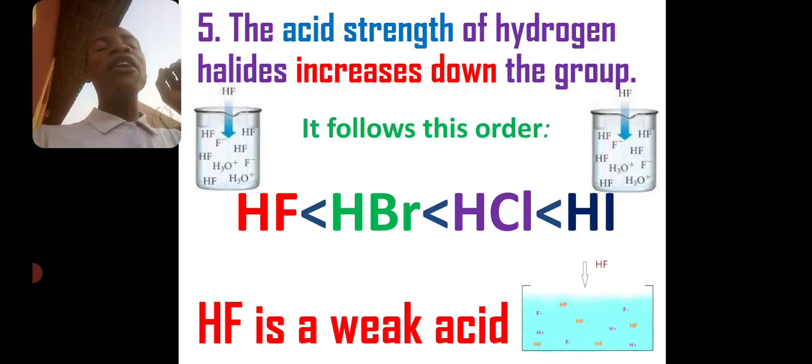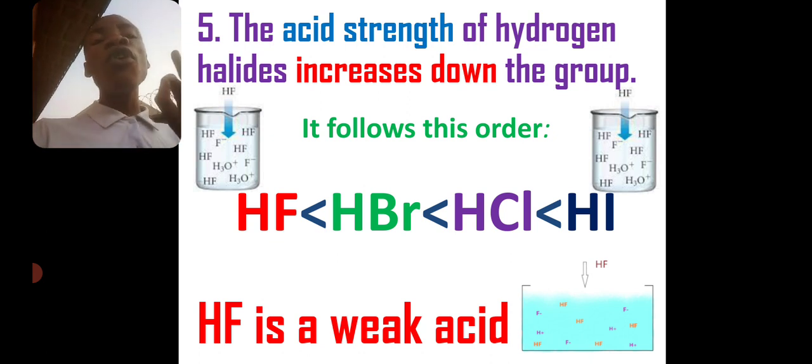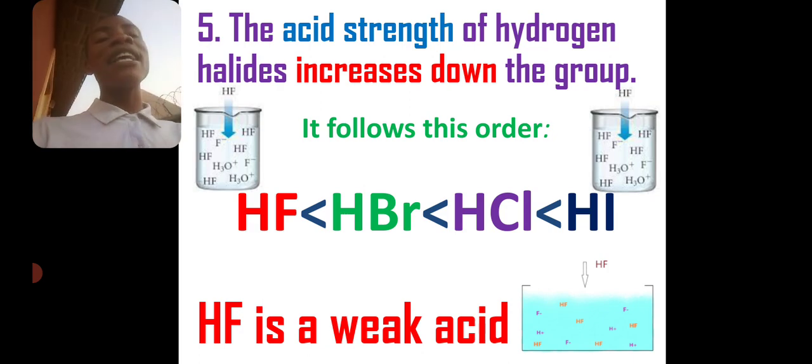But hydrogen bromide, hydrogen chloride, hydrochloric acid, and HI are very soluble in water, and apart from that, the hydrogen can be released into water readily. So hydrogen fluoride is the weakest acid in that halogen series.